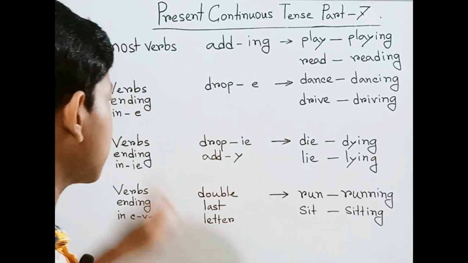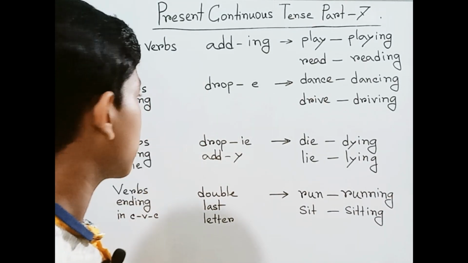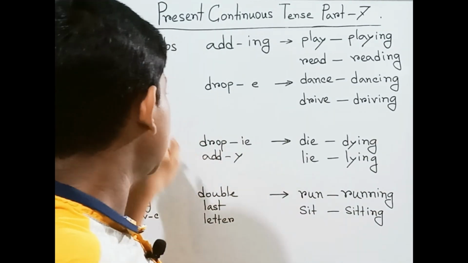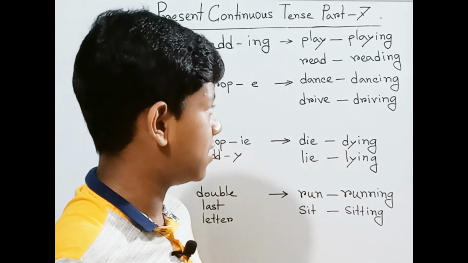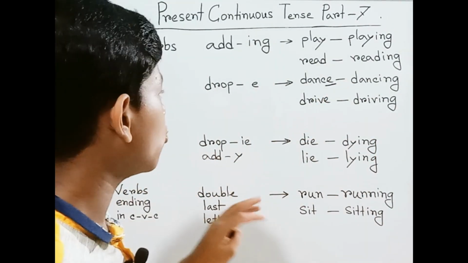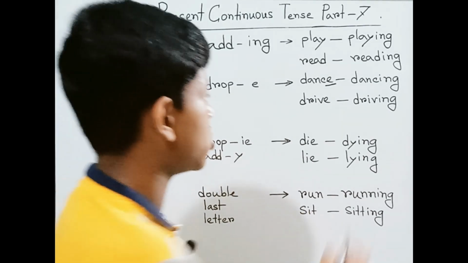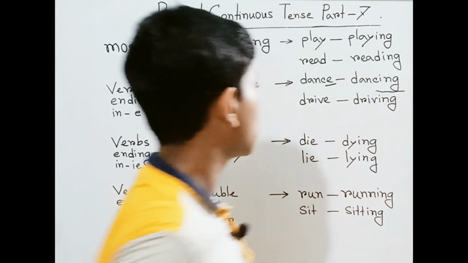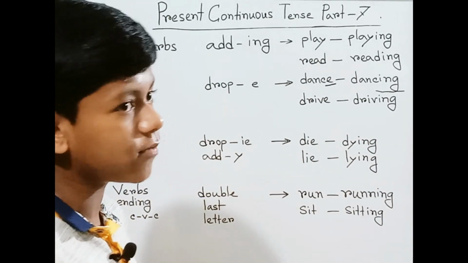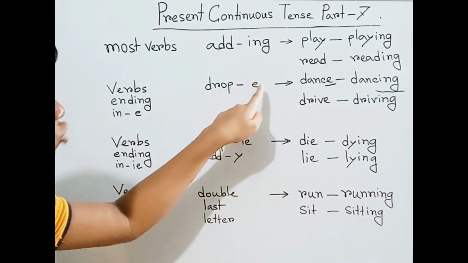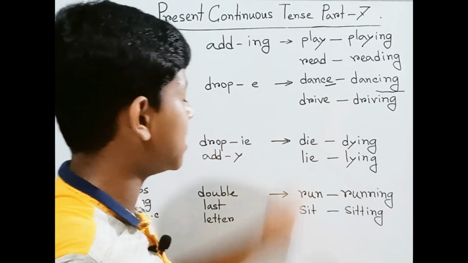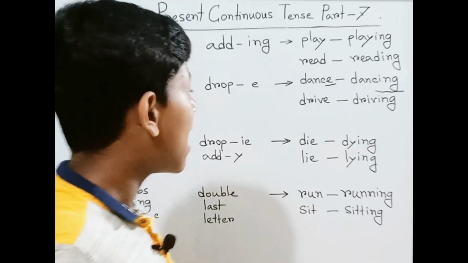Next, verbs ending in e. When the verb ends in e, we have to drop the e, and then we can add the ing. For example, dance, dancing. We have dropped the e, then we have added the ing.